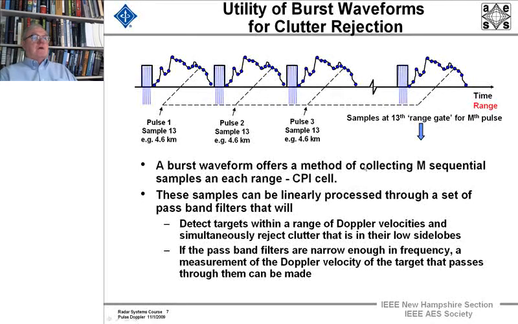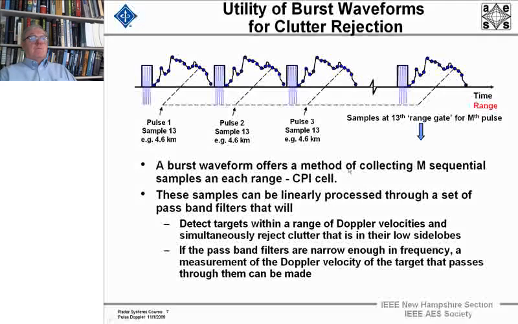A burst waveform offers a method of collecting M sequential samples from each range cell. And remember, we were talking at pulse 1, at the 13th sample, it was at 4.6 kilometers. The second pulse, we could collect the same sample, which would be at the same range, same echo time, pulse 3, up to m pulses. So we can do this and get lots of pulses.